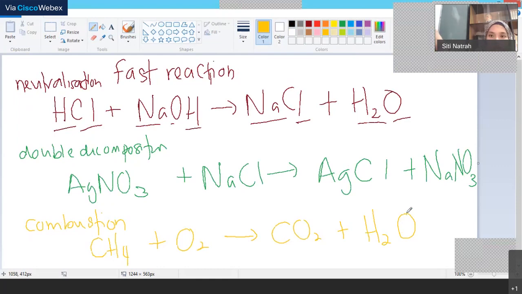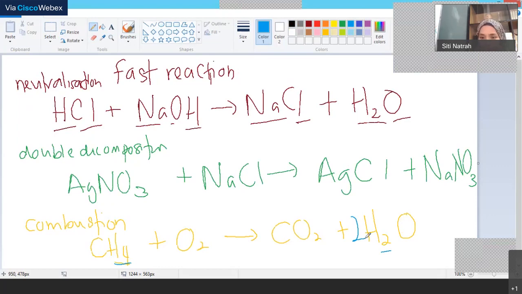They are not balanced, because you have hydrogen 4 on the left side, but on the right side you have 2, so I have to put 2 here. Now my hydrogen is balanced. How about my oxygen?